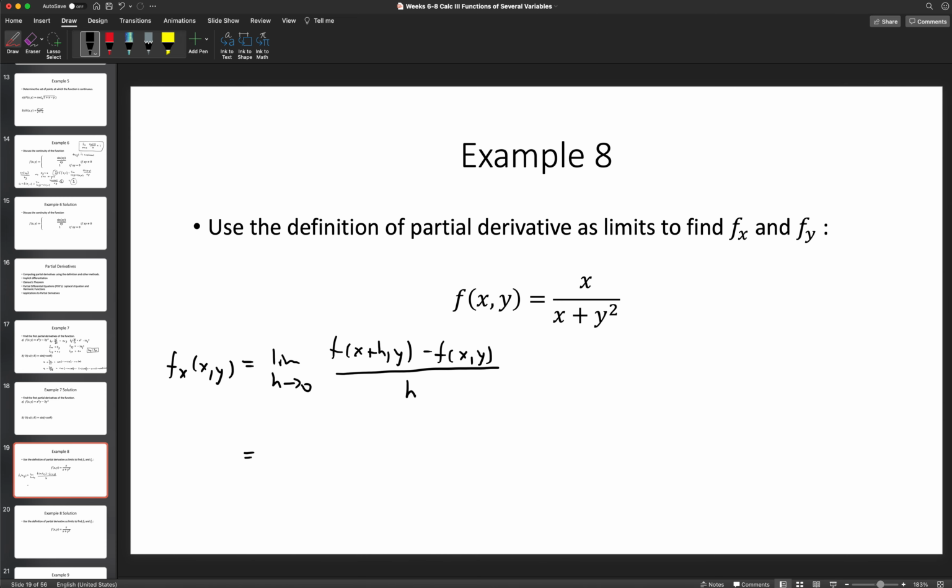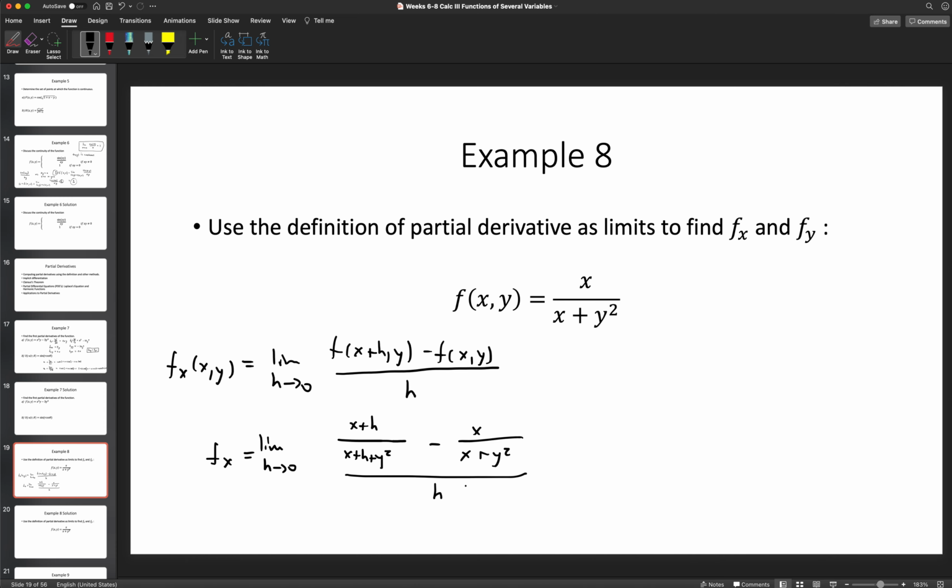So now we're just going to begin working with this limit definition. And it's similar to calculus 1, but here we have a function of 2 variables. Okay, so we just have to make sure that we keep track of everything, all the variables here. And plug this in.